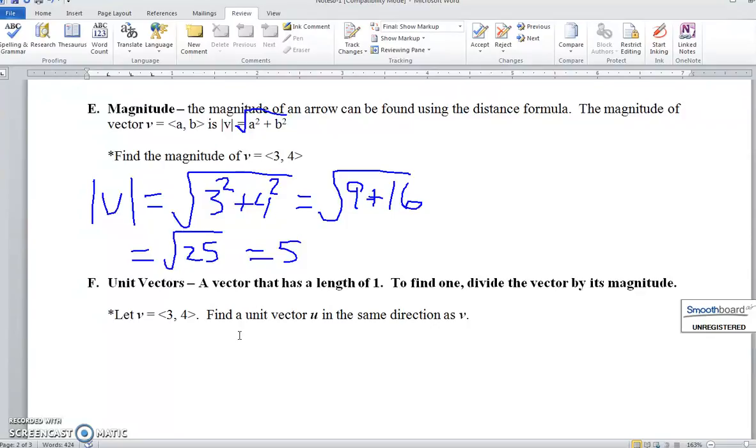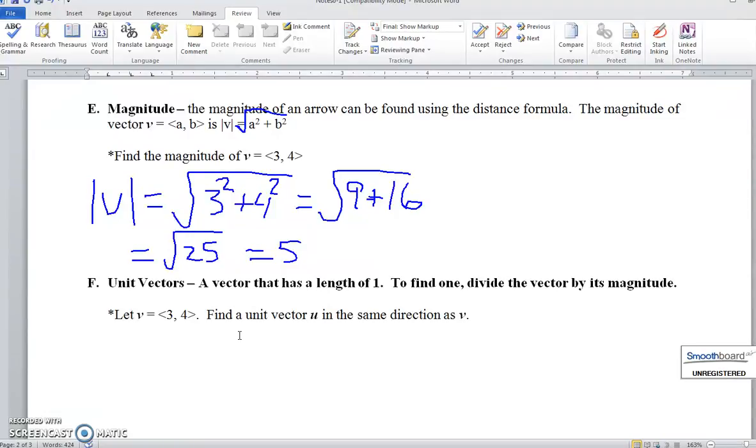From there, we can now find something called a unit vector. So typically vectors can vary in distance and direction. A unit vector has to have a length of 1. We call it a unit vector because the unit circle has a length of 1.